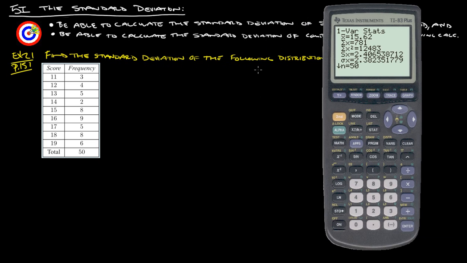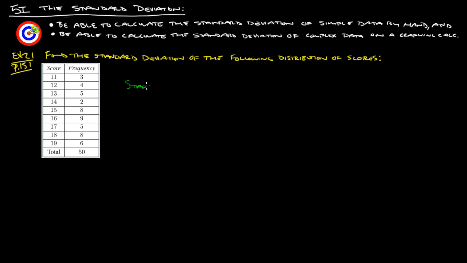Okay? So again, we're going to assume that these are all the possible scores. So we're going to take this one down here. I call that the super O. Again, I know that it's got an actual name, but I like super O better because it's like an O with a little cape on it, so it's super O. So our standard deviation then would be 2.382.